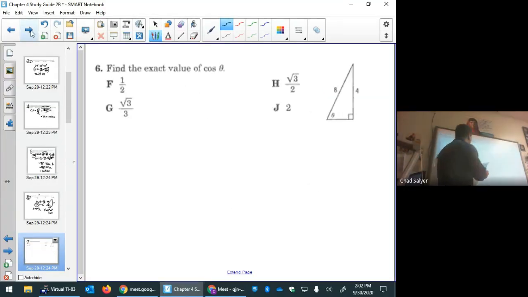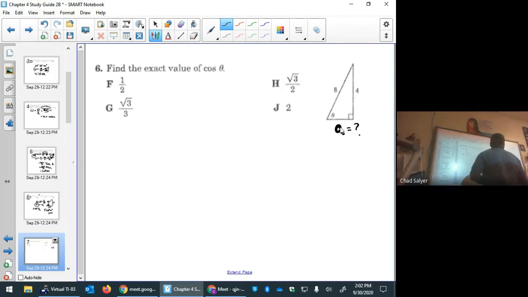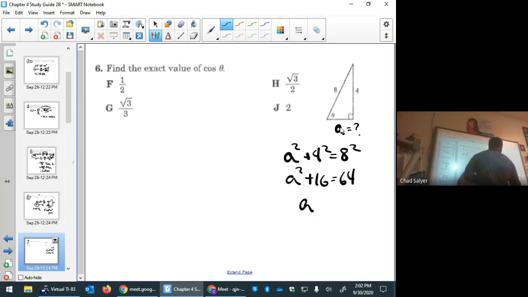6. Find the exact value of cosine theta. So you're given a triangle here. You need the adjacent. So we need that side. We know it's 4 and then 8. So a squared plus 4 squared equals 8 squared by the Pythagorean Theorem. A squared equals 48. So I subtract 16.